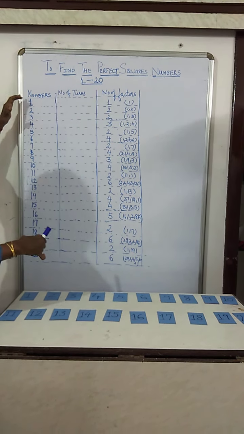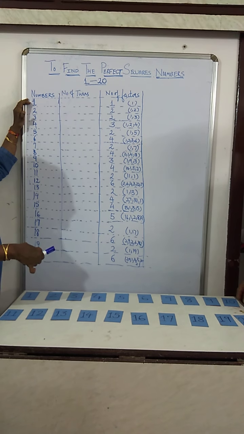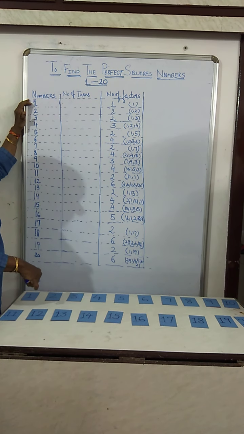First we come to the number 1. 1 is a factor of how many numbers? We will turn the cards upside down where 1 is a factor.